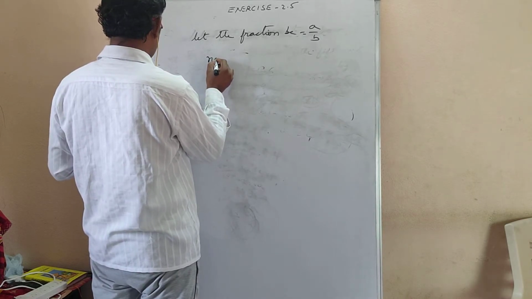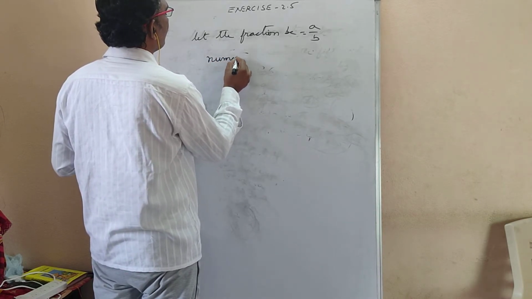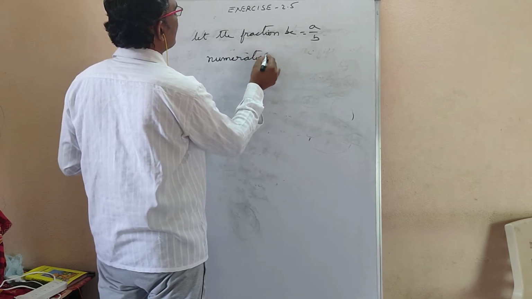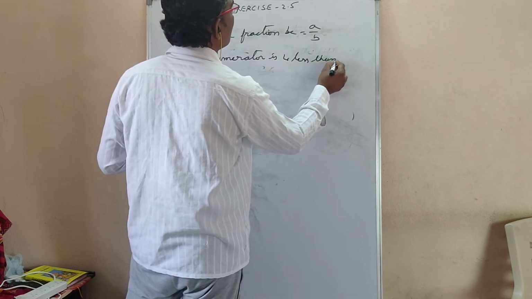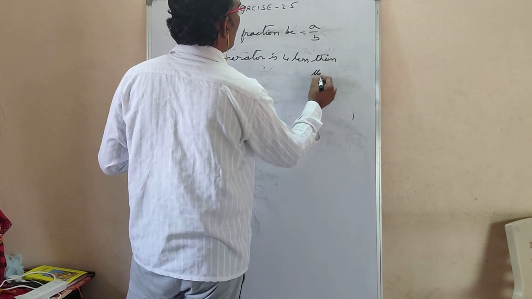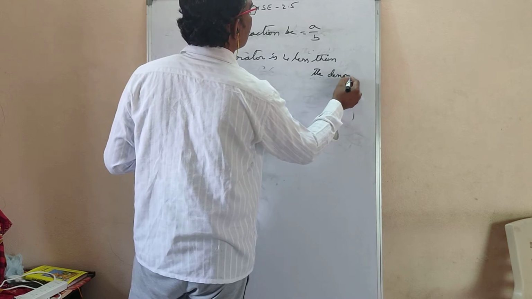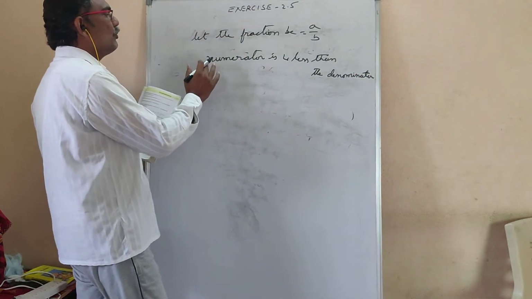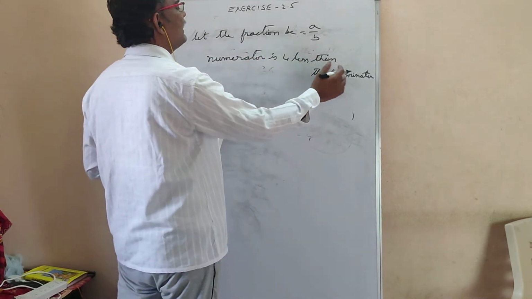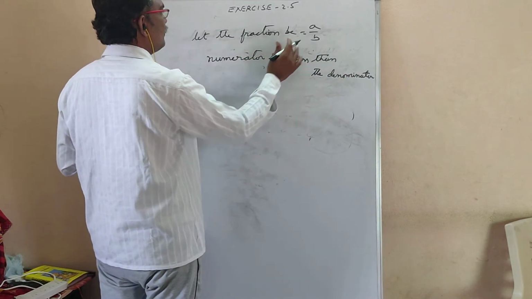See here, the numerator is 4 less than the denominator. What is the numerator here?